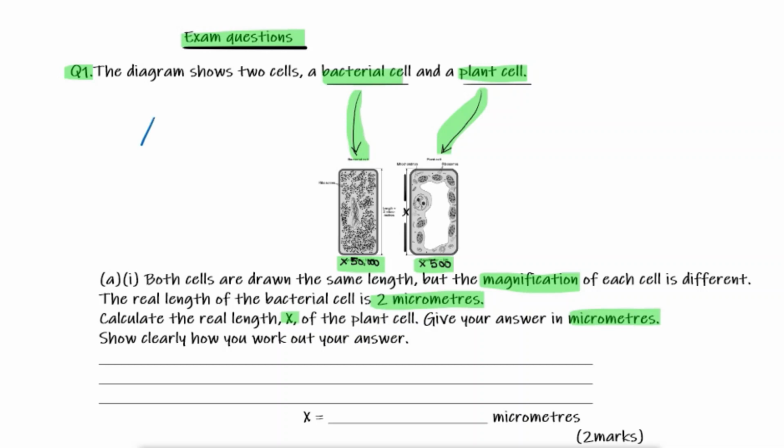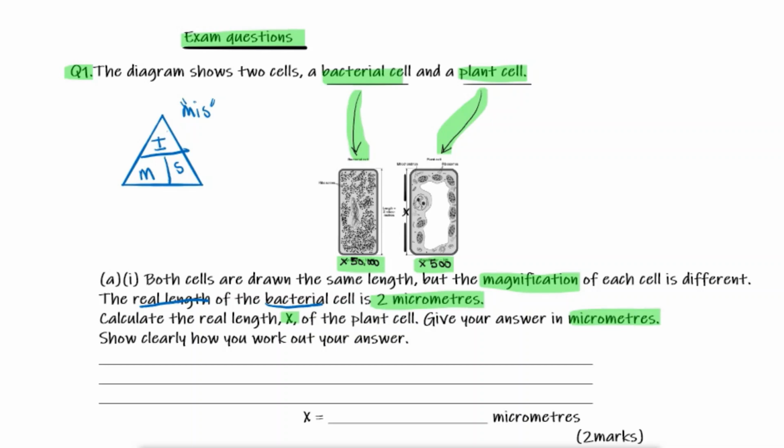First of all, if we recall our triangle, in our triangle we remember the MIS without the double S, we start our M on the left side and write that out. If we go back to the question, it tells us the real length of the bacterial cell is 2 micrometers. So first of all, we will work out what the image size for the bacterial cell will be.